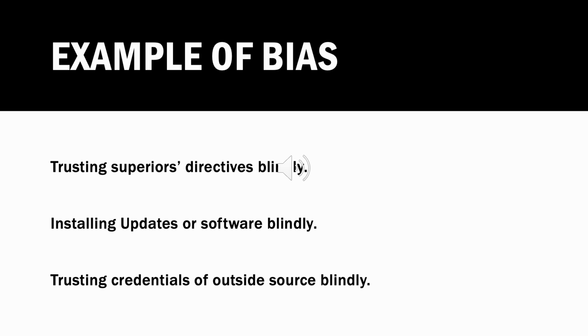Another example is the tendency to trust the security recommendations of vendors or consultants. You might think Microsoft, Apple, or some of the large carriers, but without fully vetting those credentials or the effectiveness of their recommendations in relation to this company. Just because someone has the title of expert or has sway behind some of these large companies doesn't always mean that they're always right or that they have the best interest of this organization at heart.